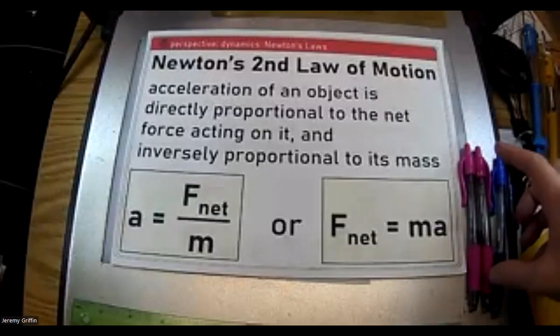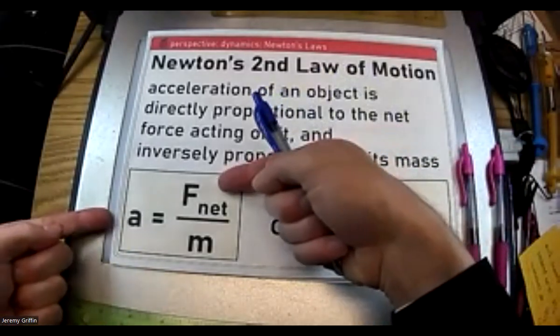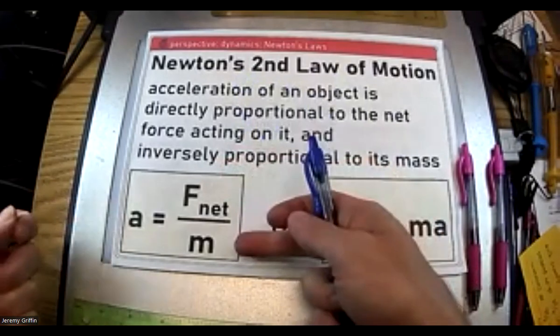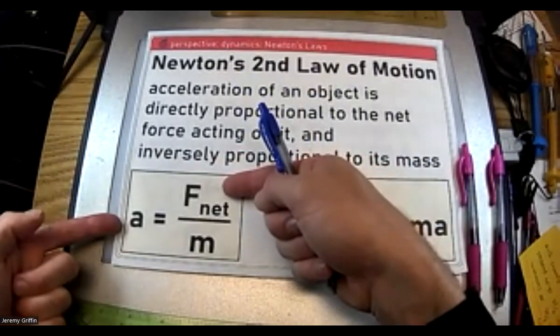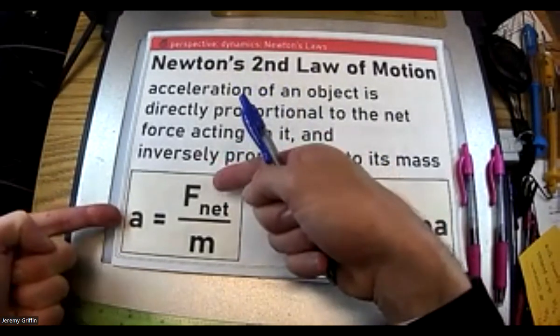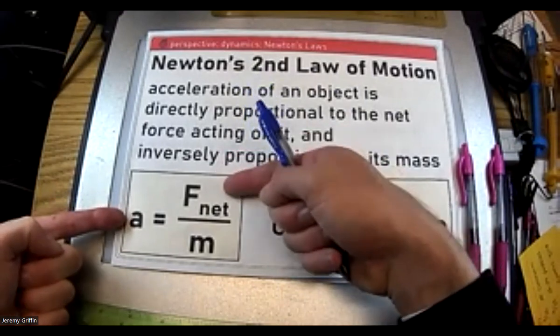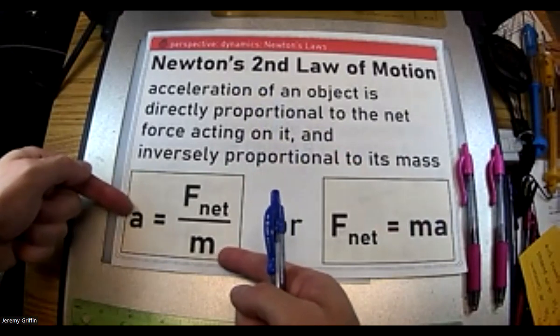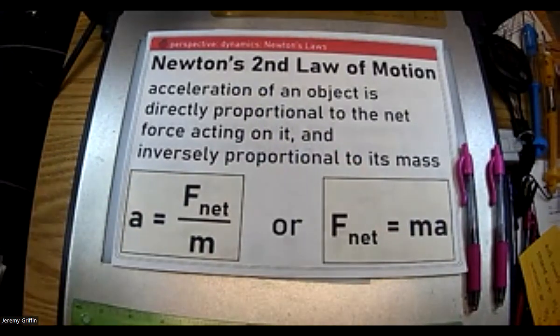Okay. So acceleration is in the same direction as the net force, right? That's a vector and a vector right there. Mass is a scalar, right? But vector, same direction, right? It's directly proportional to the net force. Acceleration is, right? If you triple the net force, you triple the acceleration. Acceleration is inversely proportional to the mass. The greater the mass, the less the acceleration. There you go. There's all 3 parts right there.